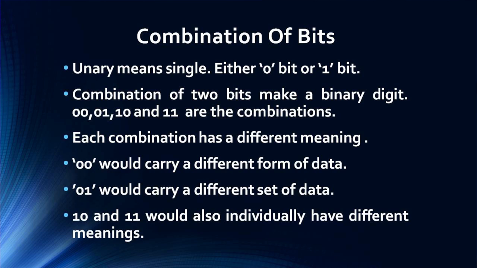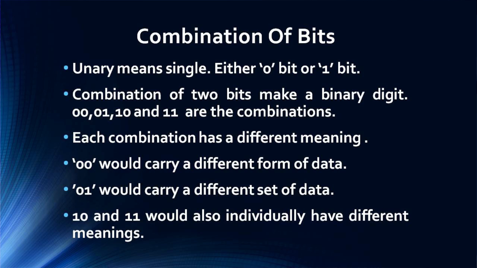A combination of two bits makes a binary digit. Bi means 2. 00, 01, 10, and 11 are 4 different combinations which can exist for 0 and 1 combined together as binary digits.